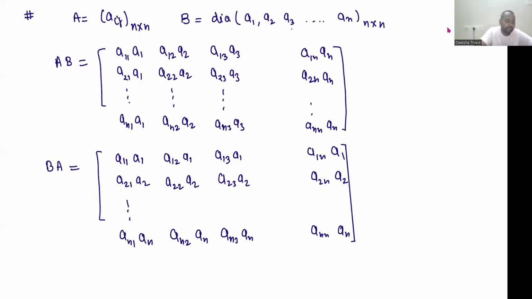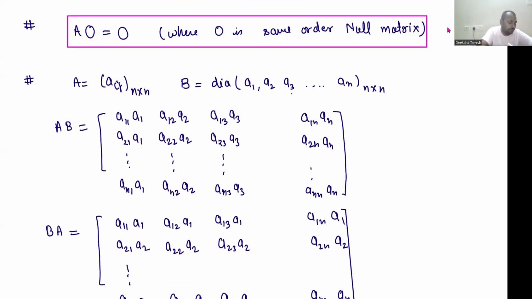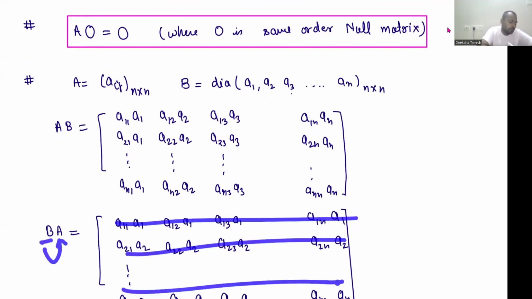Get that one? So if we pre-multiply by B, then the diagonal elements multiply in rows. If we post-multiply, then the diagonal elements multiply in columns. Get that one?